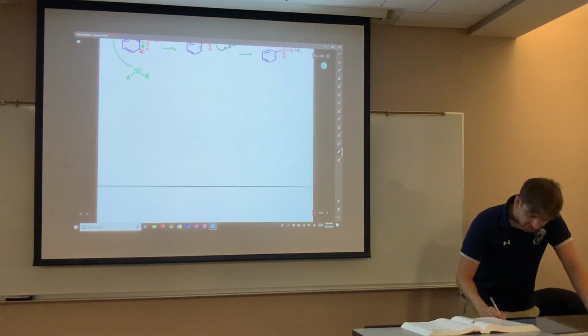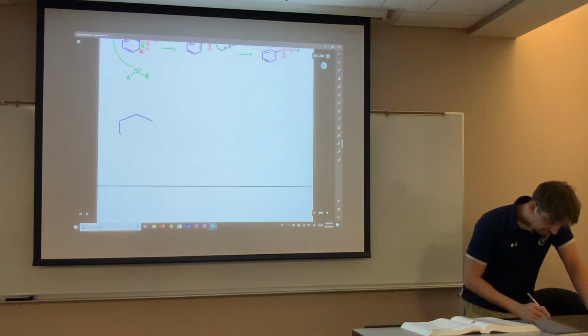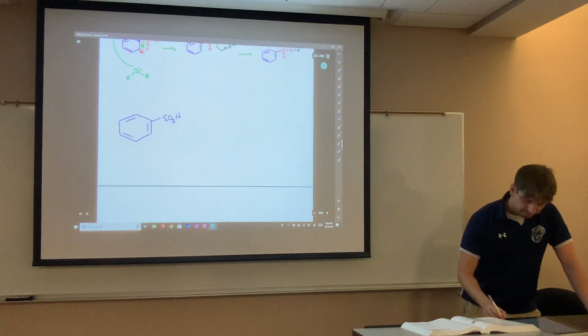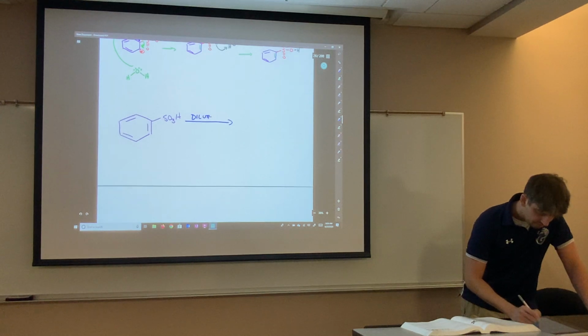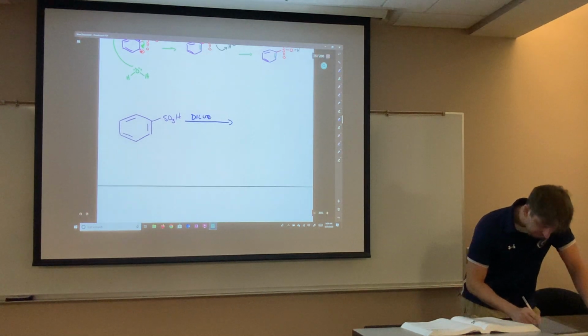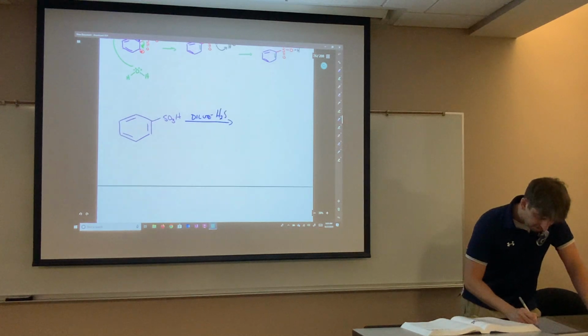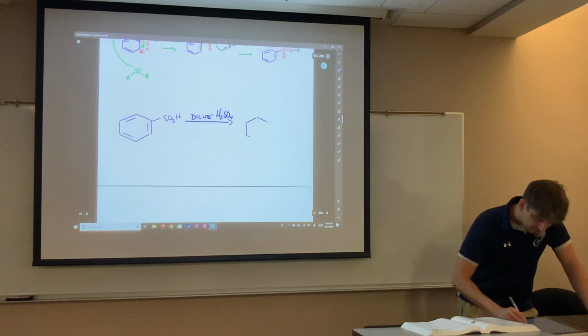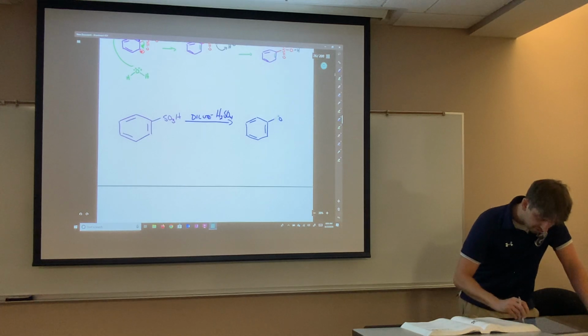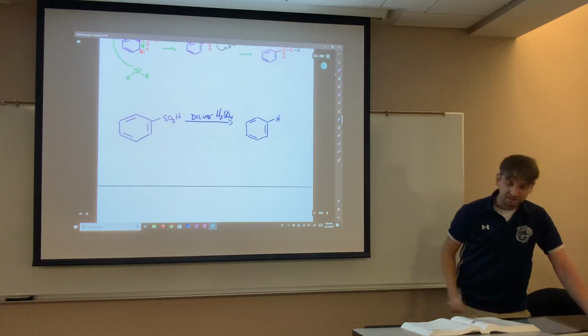Taking this exaggeratedly large group here, SO3H, if I put this into dilute sulfuric acid, I end up getting rid of my SO3 group and replacing it back with a hydrogen.